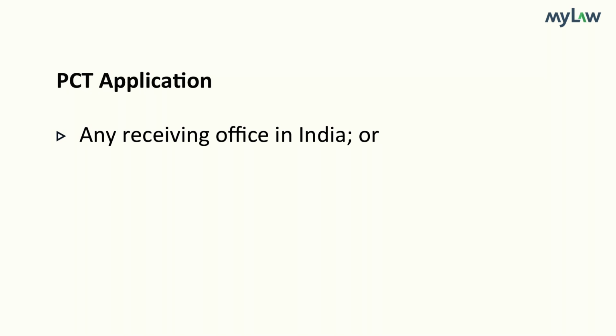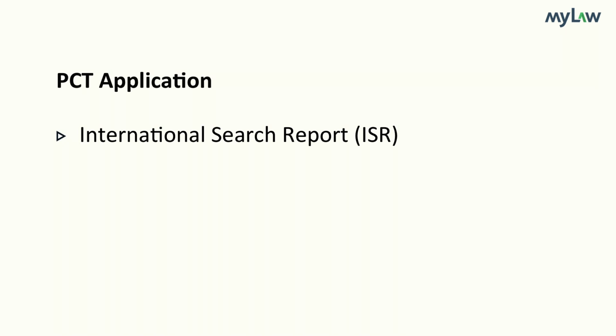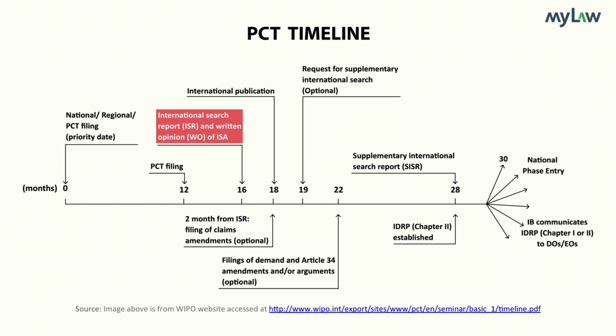The PCT application can be filed with any receiving office in India or with the International Bureau of WIPO. Thereafter, a search report, namely ISR, is issued for the international application along with a written opinion in the 16th month as shown in the graph.